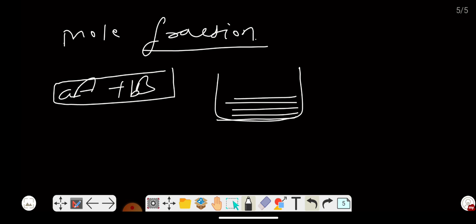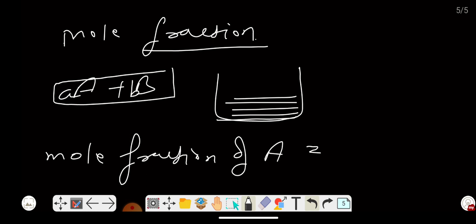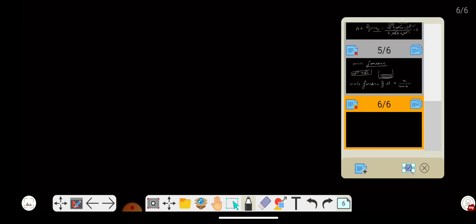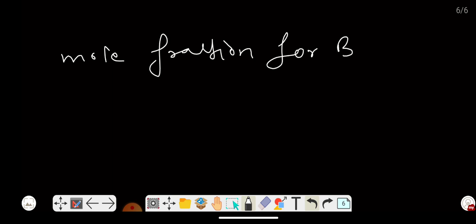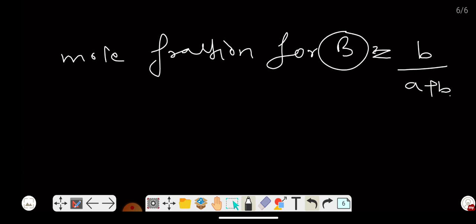Then the mole fraction of A can be calculated as A upon A plus B. And in a similar way, the mole fraction for B is calculated as B upon A plus B. In this way the mole fraction of each component A and B can be calculated.